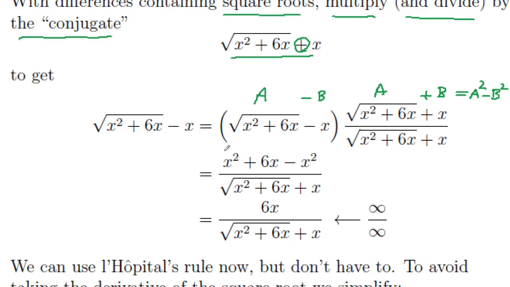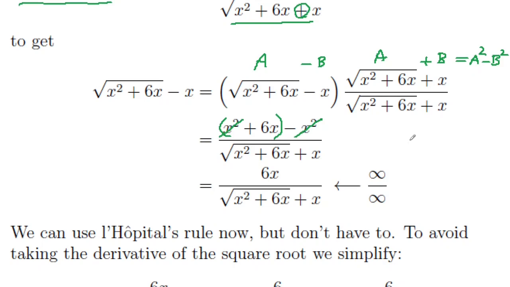A squared is x squared plus 6x, b squared is x squared, and you'll notice that x squared and minus x squared add up to 0 and leave us with 6x in the numerator. In the denominator, we leave everything the way it came out to be. We have a quotient.